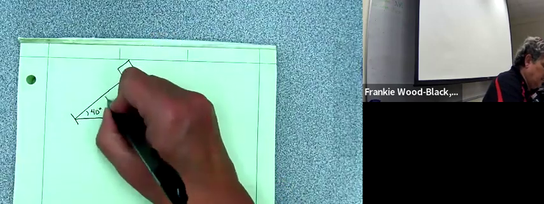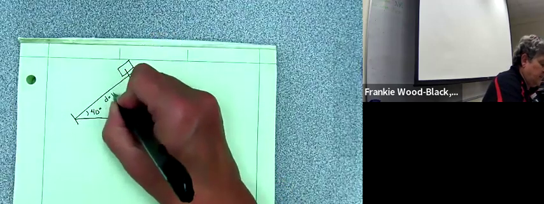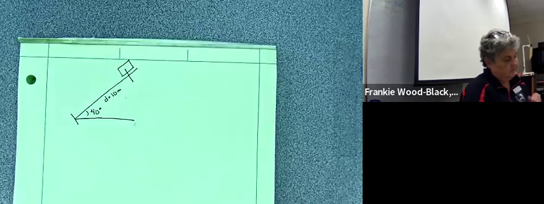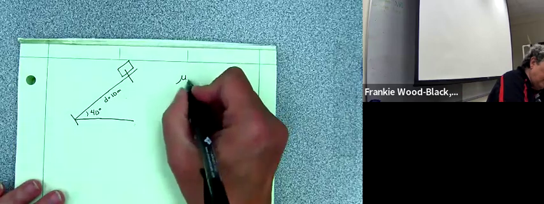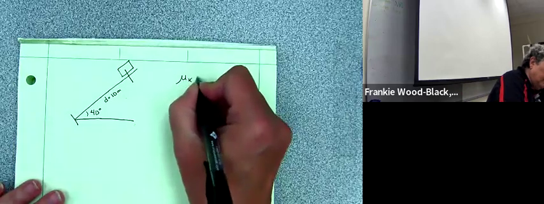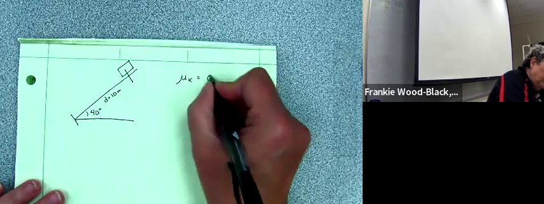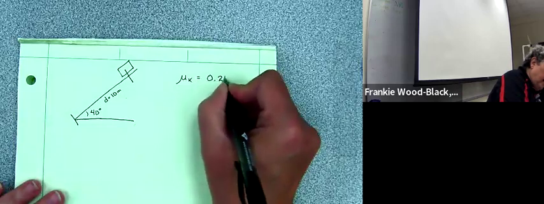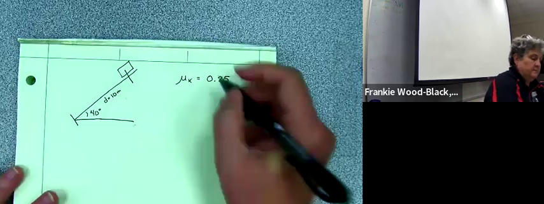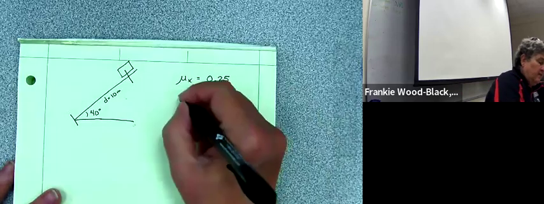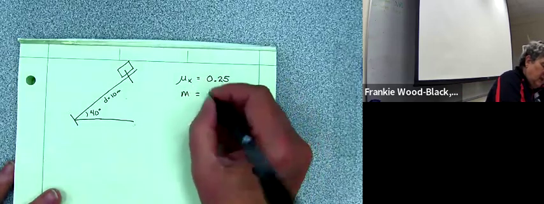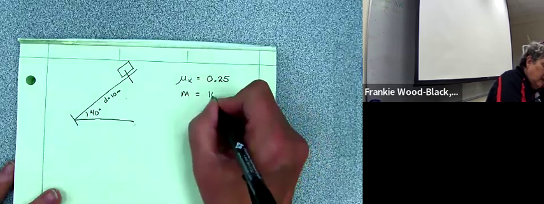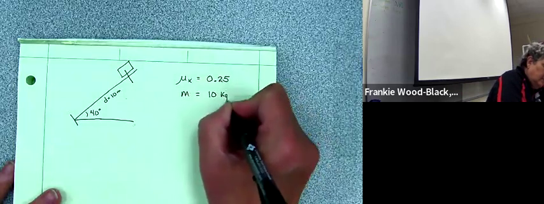We're going to give ourselves a distance of 10 meters, a coefficient of kinetic friction equal to 0.25, and the mass of the object is going to be 10 kilograms.